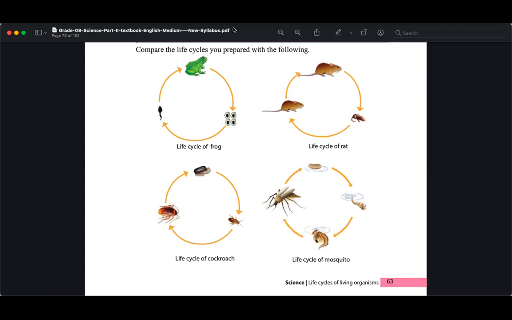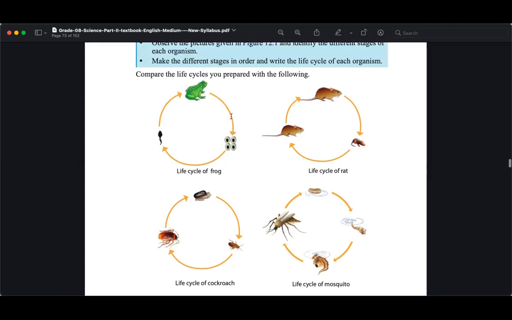Okay, please write down. So let's write down these things. Compare life cycles of the following. Let's write down the names. Adult frog. You can just roughly draw. Okay. Adult frog. Eggs. Tadpoles.